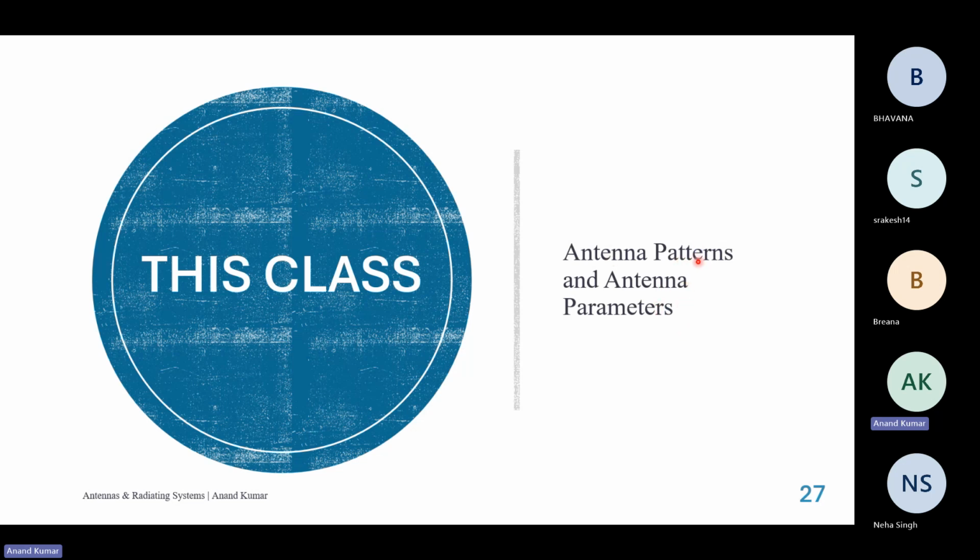First we'll look at what these patterns are, and then we'll quantify some properties from those patterns as parameters. For antenna design, these are the terms which we use to specify our requirements.